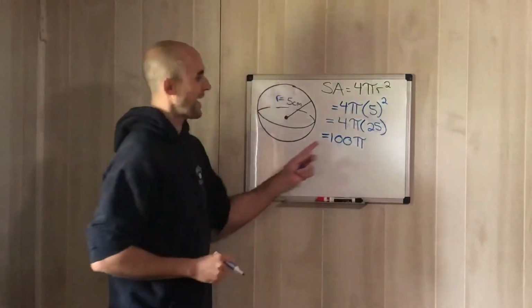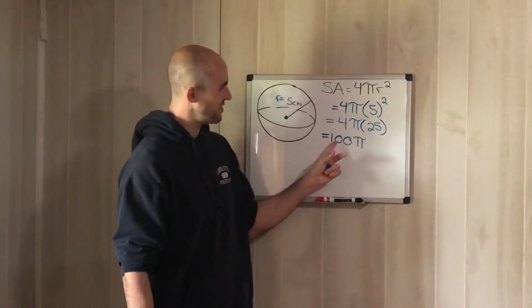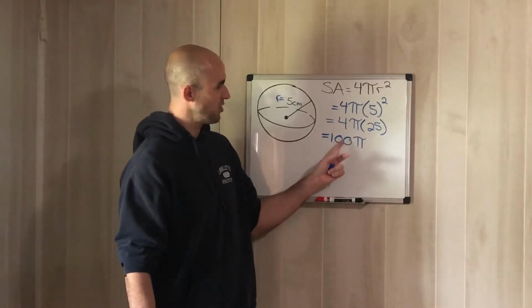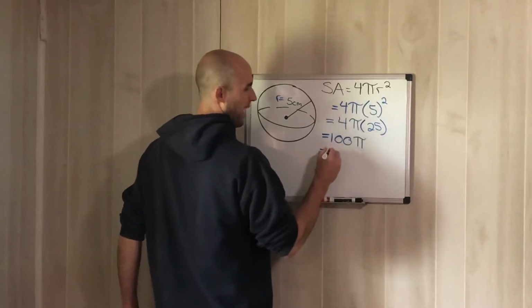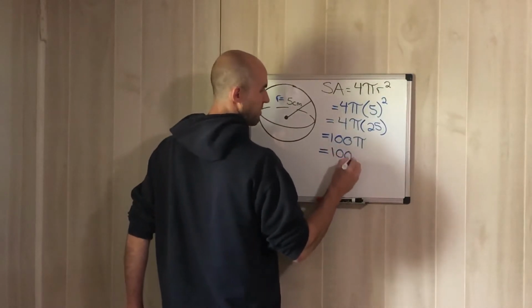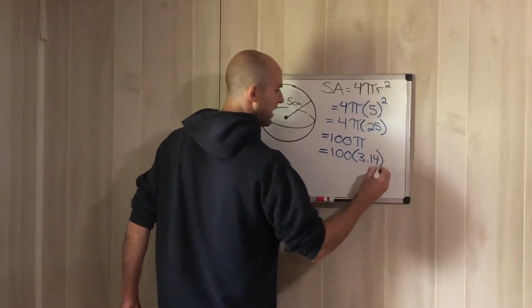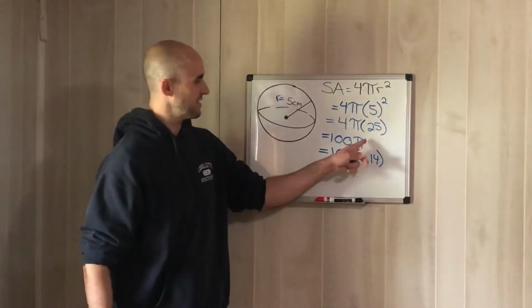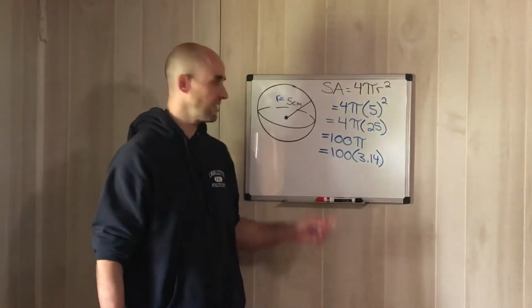Now we have 100 times pi. To make life easier, instead of dealing with pi, we can just utilize 3.14, because it makes it a lot easier to use.